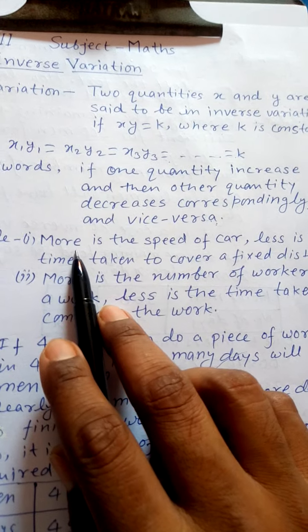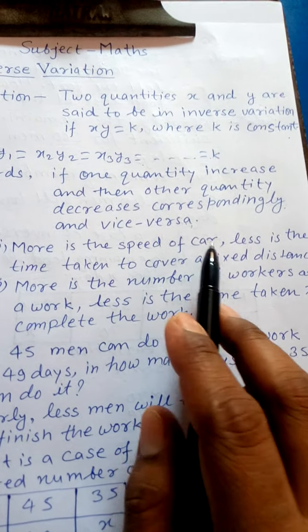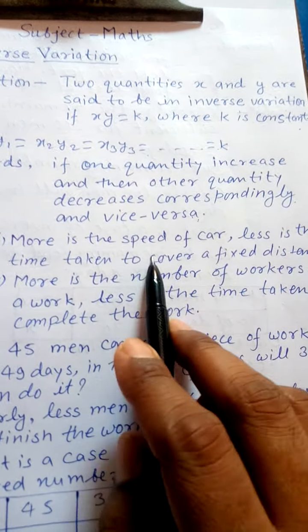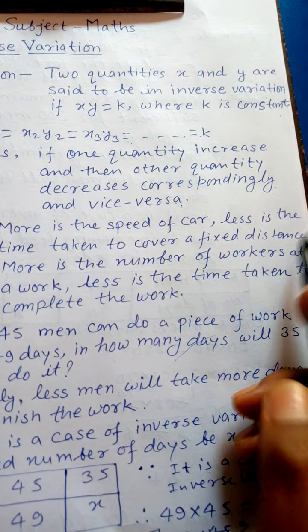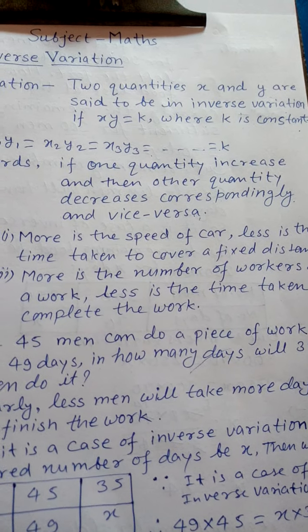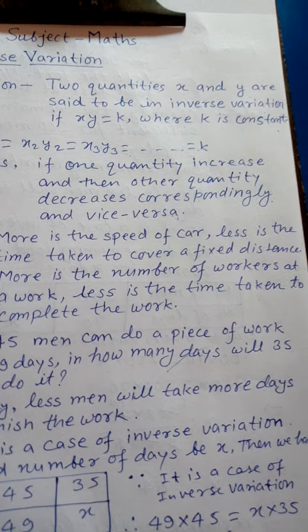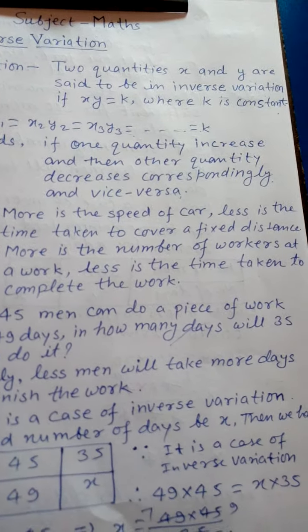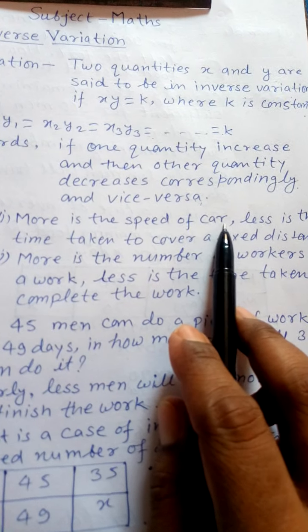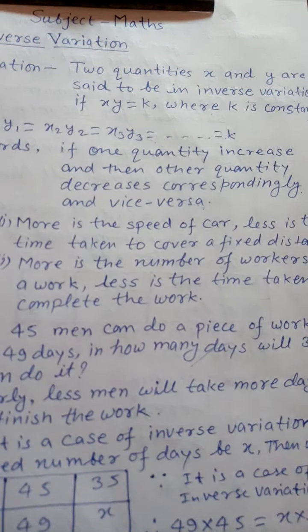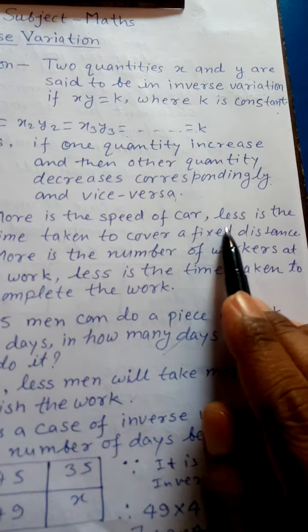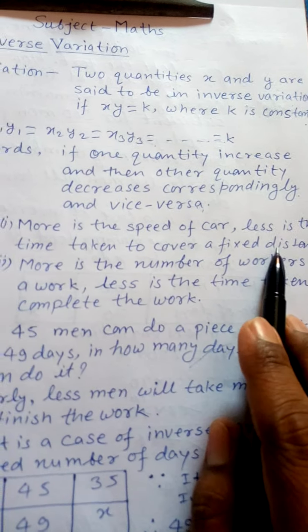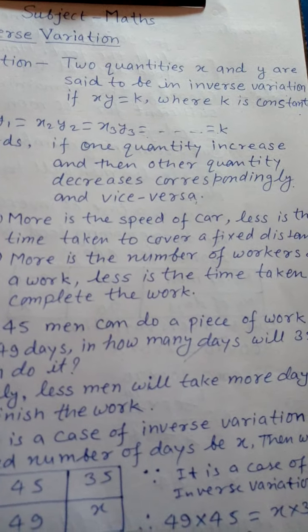For example, more is the speed of car, less is the time taken to cover a fixed distance. This is the case of inverse variation. Why is it a case of inverse variation? Because if we increase the speed of car, the time taken to cover a fixed distance is less.